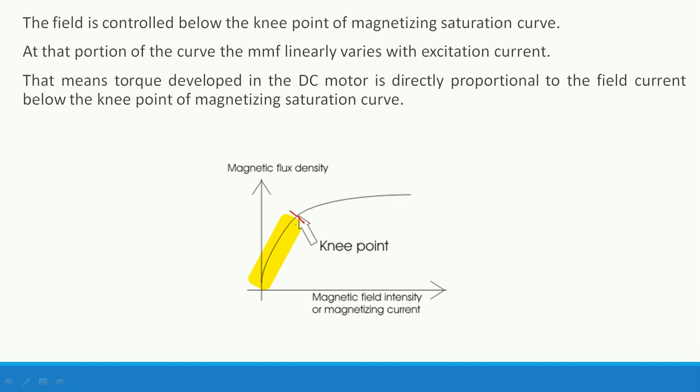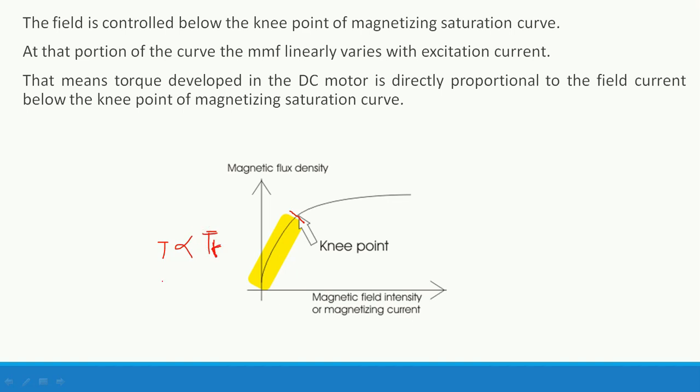This curve has a knee point where it bends, and your field is always controlled below the knee point. That's why it is highlighted in yellow here. In that portion of the curve, MMF varies linearly with the excitation current. That means the torque developed in the DC motor is directly proportional to the field current.